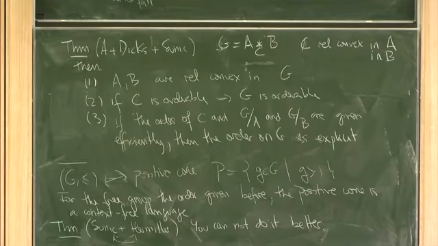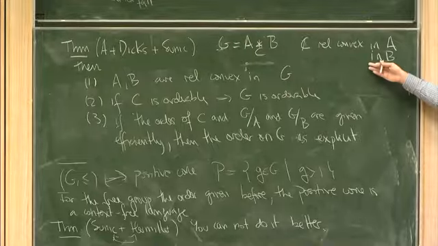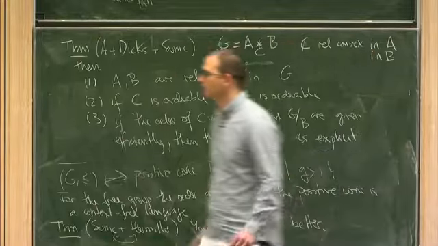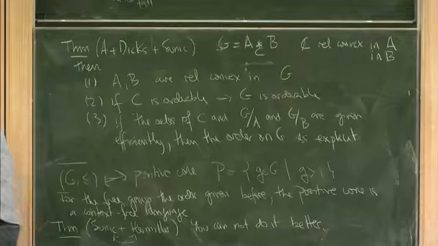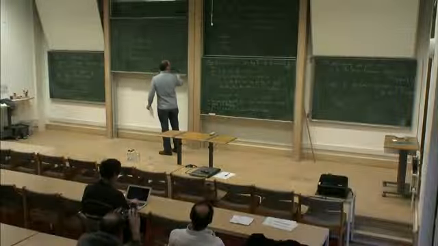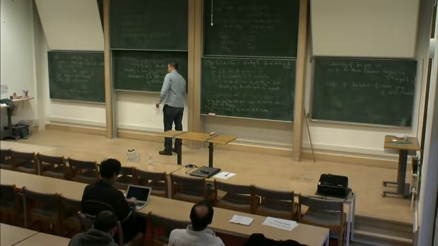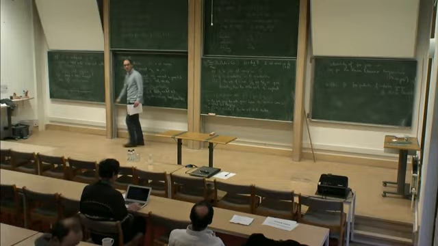All right, let's move on to more things. Now, if you see this theorem, you say, well, nice, I can construct new orderable groups if I know how to find convex subgroups.